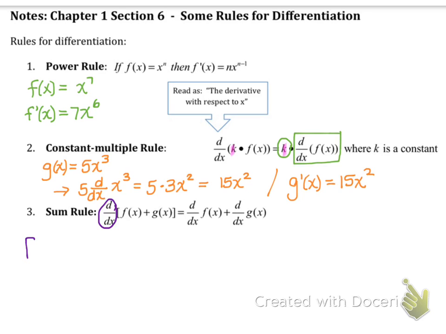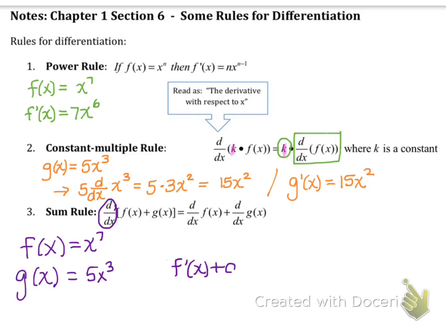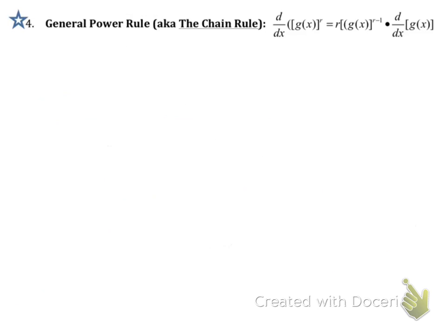So if I said f of x equals x to the 7th, and g of x still equals that 5x to the third, then f prime of x plus g prime of x equals 7x to the 6th plus 15x to the 2nd. Again, we know these rules. However, the next one is brand new.